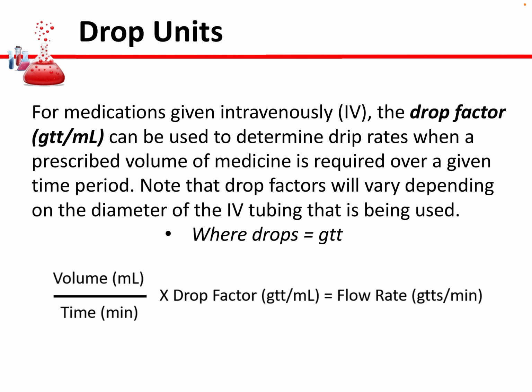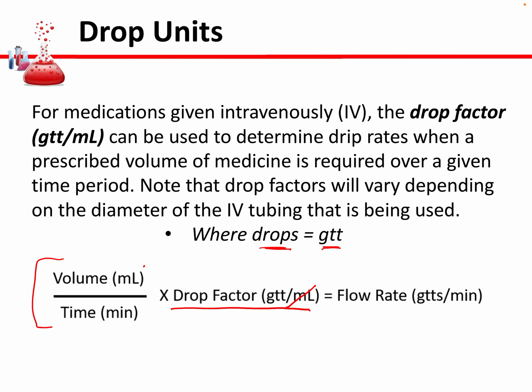All right, and then our drop units for medications. The drop factor is GTT per mil, and this is used to determine your drip rate, where the drops are the GTT, right? If we want to find a volume over time, we need our drop factor, which is the GTT per mil.